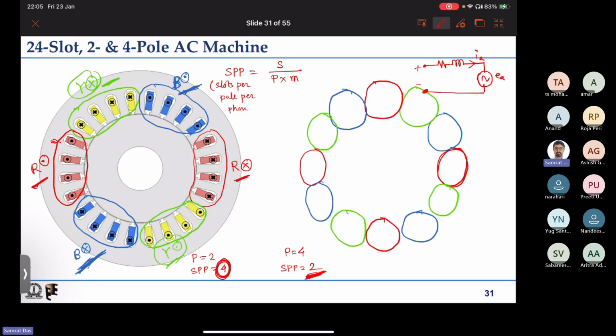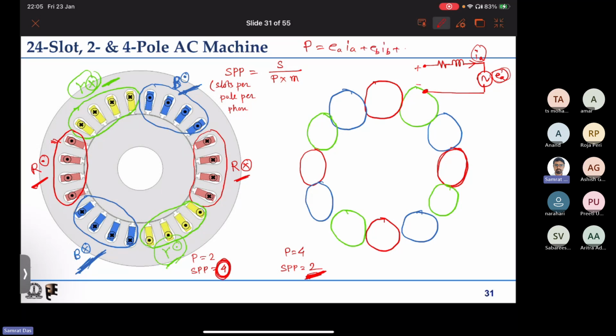Now EA into IA, if we have this as sinusoid and this as sinusoid, and if we have a similar three-phase winding, then the total electromagnetic power will be EA into IA plus EB into IB plus EC into IC.